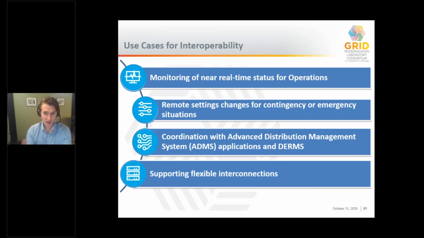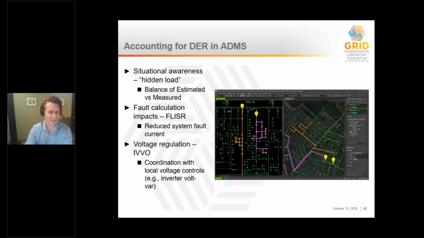And how will this interoperability be used? It's really monitoring that real-time operation, situational awareness. If you need to do remote settings changes, if the initial settings don't work. The tie-in to ADMS and DERMS, which we'll very briefly look at. And then flexible interconnections as well, if we want to command a power level to DER based on the real-time conditions. That's another advanced use case. Next slide, please. Very briefly, just a couple slides left, looking at the time.